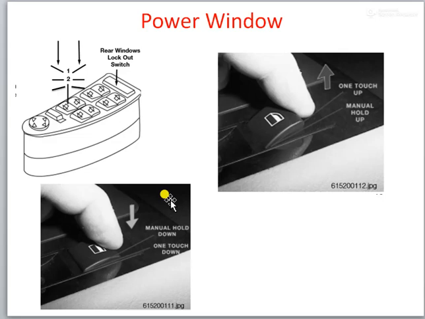So there is no need to keep monitoring and holding that button until the window is closed. Because of that, the driver can concentrate on his driving, and he is not bothered about whether the window is closed or not. So for that purpose only, these 4 position buttons are present at the driver side console.